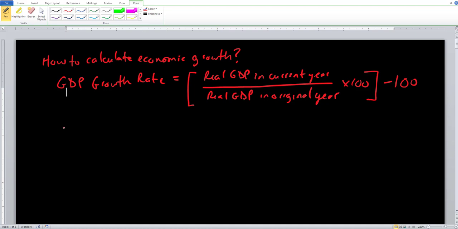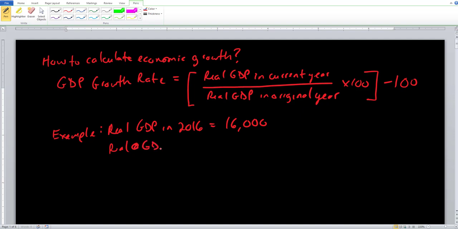So let's put a few numbers to this. Suppose that I tell you that real GDP in 2016 was roughly 16 trillion, so we can just say that's 16,000. And the real GDP in the next year, 2017, is going to be 16,820.